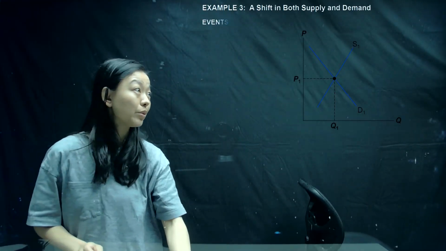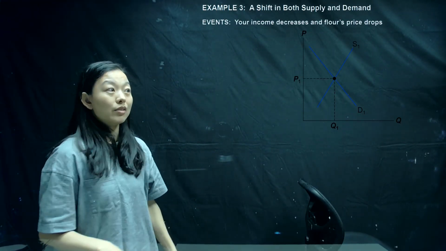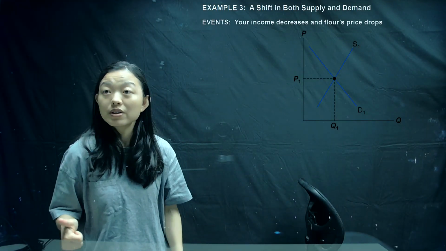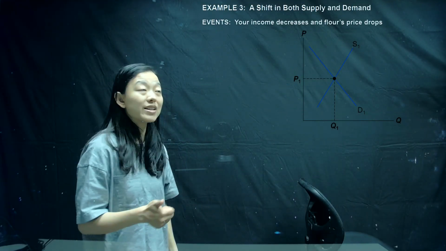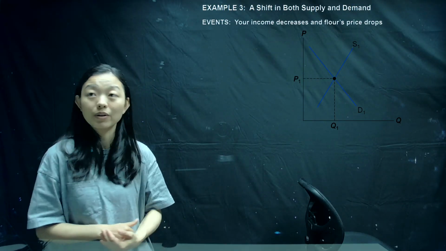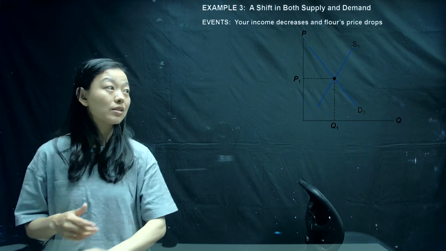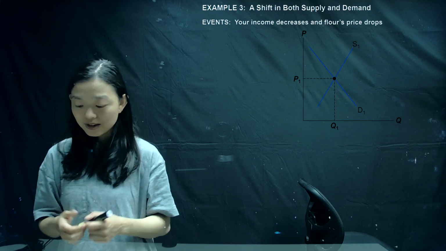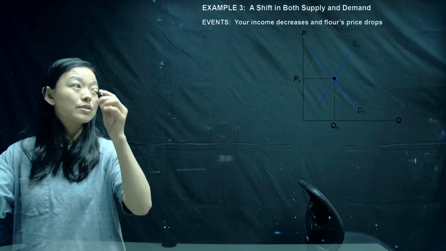For these events happening together, your income decreases and at the same time the price of flour decreases. So these two events will affect the demand side and supply side together. Then let's analyze.